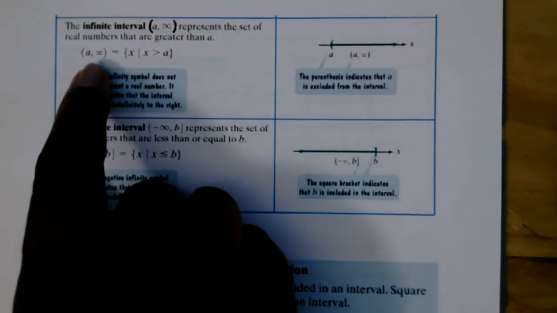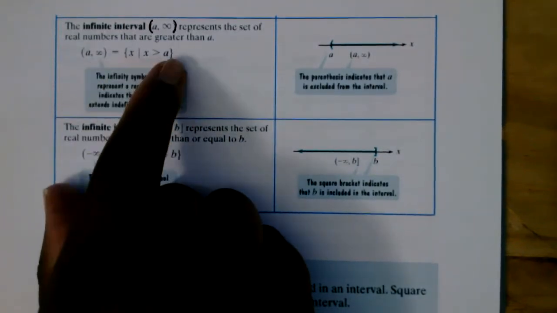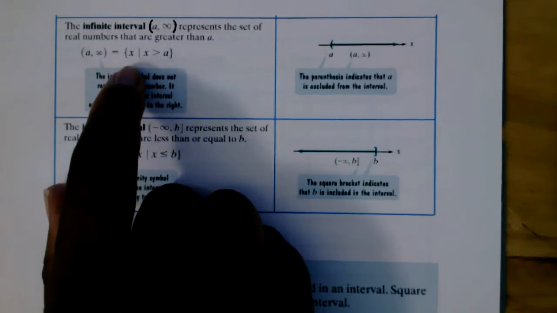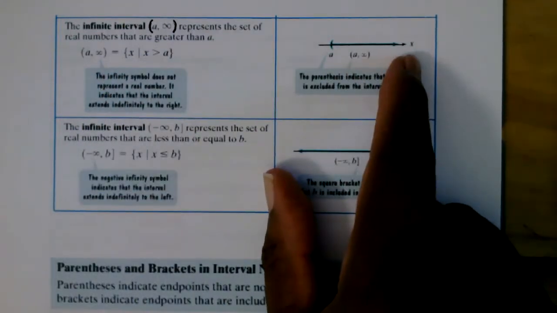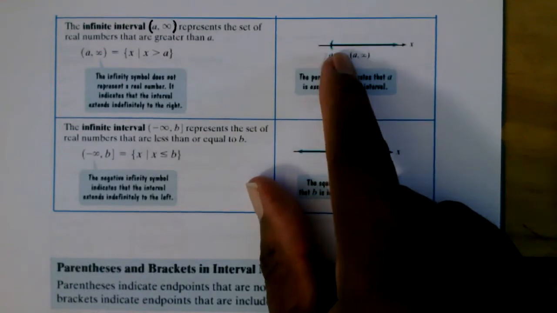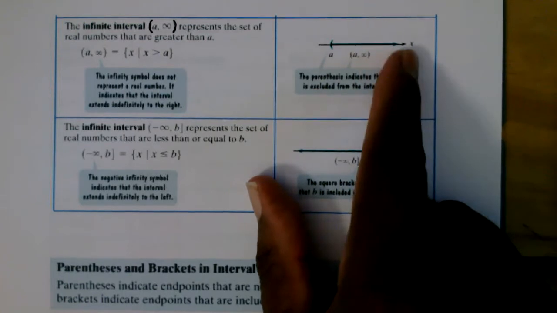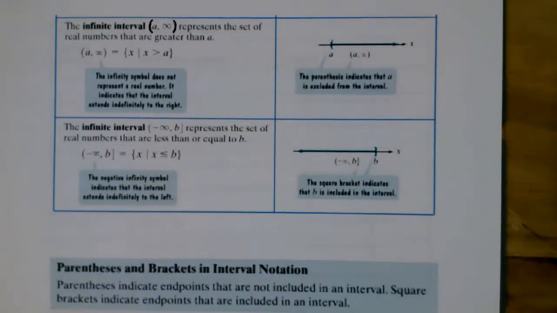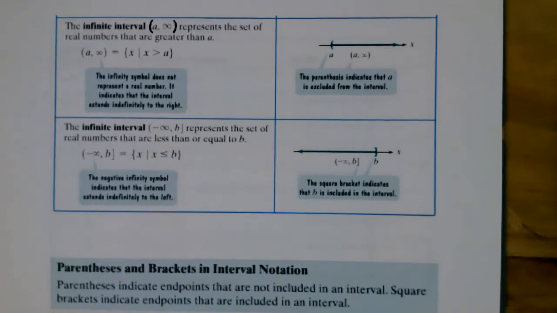Okay, so here this means in set builder notation that we have the set of all x such that x is greater than A. And this is what the graph looks like. We put the left parenthesis at A, we shade to the right of A to indicate all the values of x greater than A. Also, the other infinite interval is negative infinity.